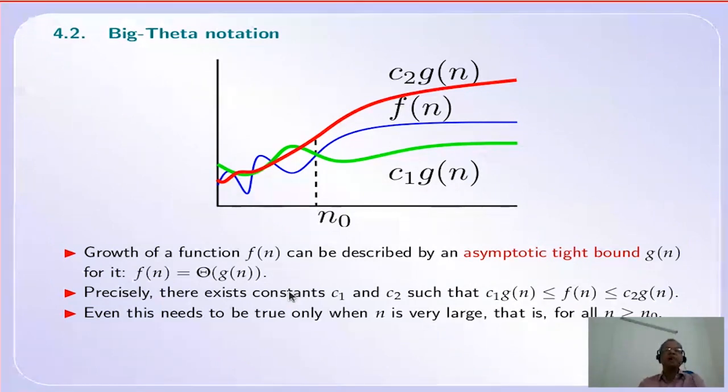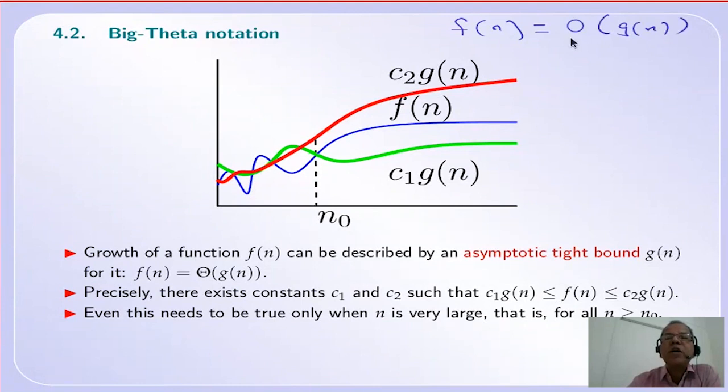Now for big theta. If f of n is equal to big O of g of n, then g of n is an upper bound of f of n. If f of n is equal to big omega of g of n, then g of n is a lower bound.